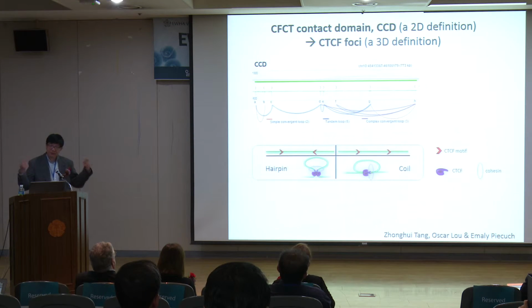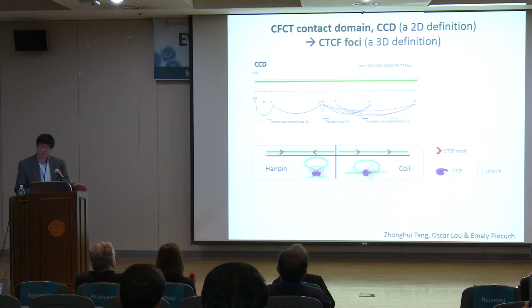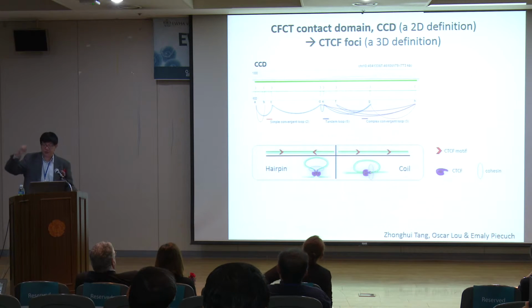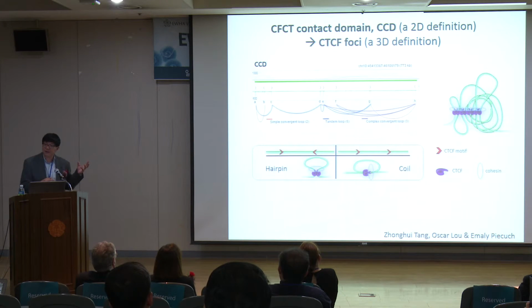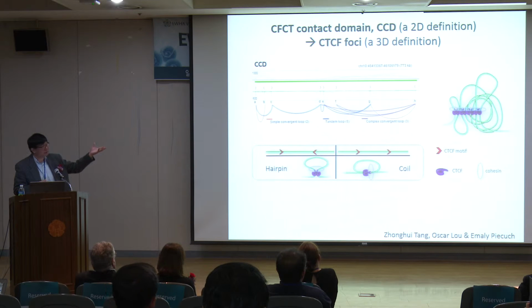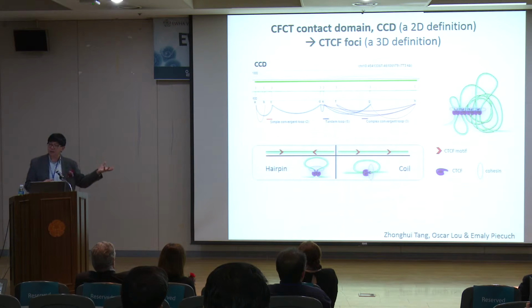Based on the binding and the looping preference, we can now realize that the CTCF-organized loops have two types. One is the looping type of structure, if the motifs are converging toward each other. The other is more of a coiled structure, if the two motifs are in tandem orientations. Based on such information, we can start to visualize how to go from two-dimensional information to three-dimensional information.